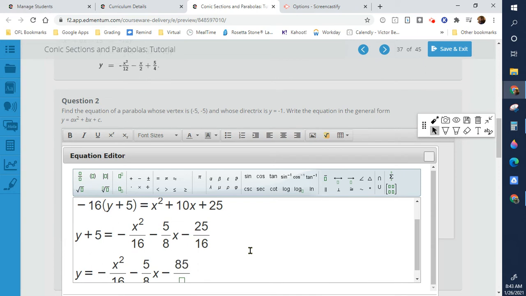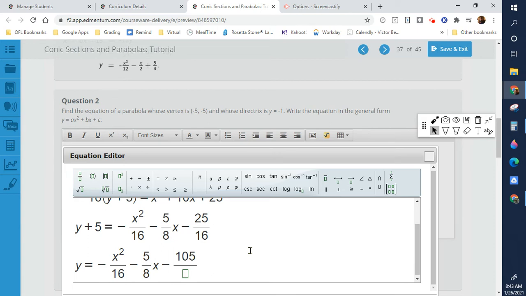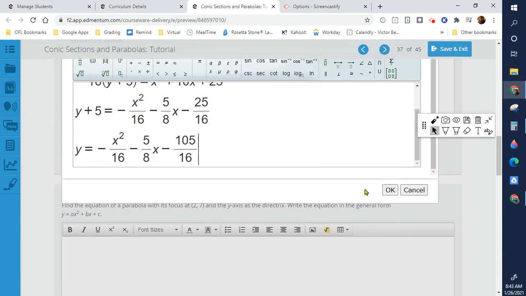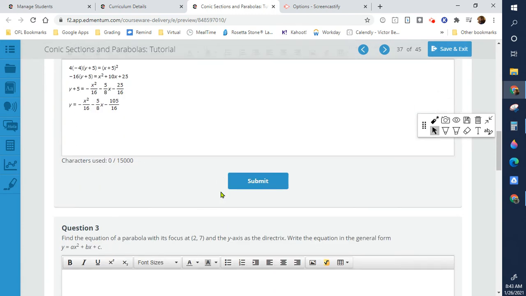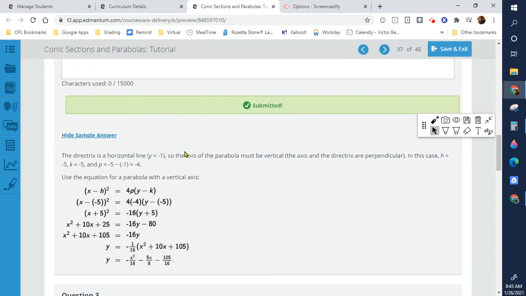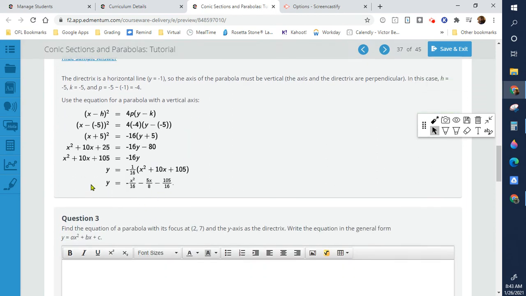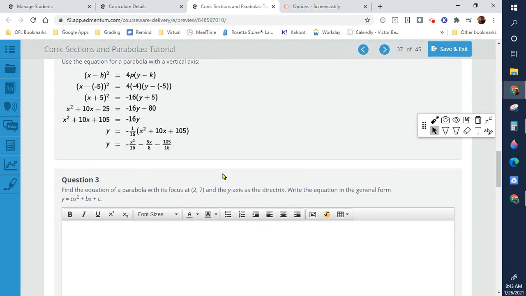So 105 over 16. I'm just going to leave it as a fraction. Everything else is a fraction, it should be fine. So we get that. Let me see how close I am to the answer. Right on. All right, cool.